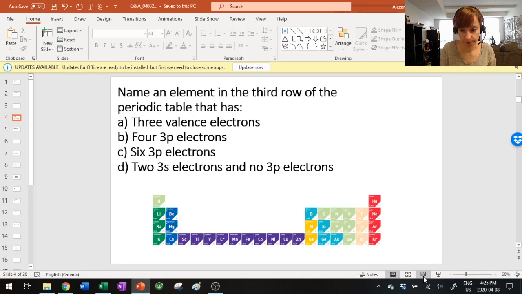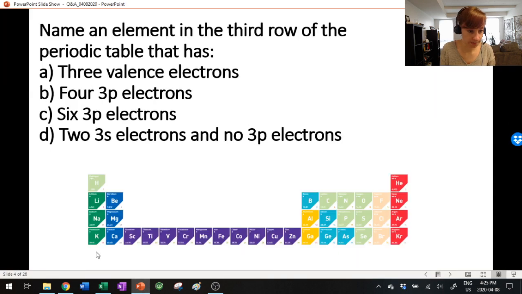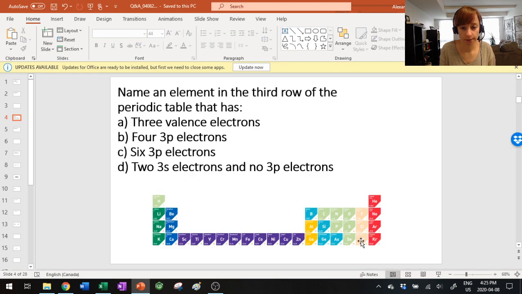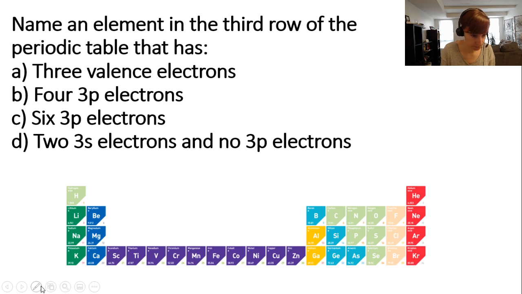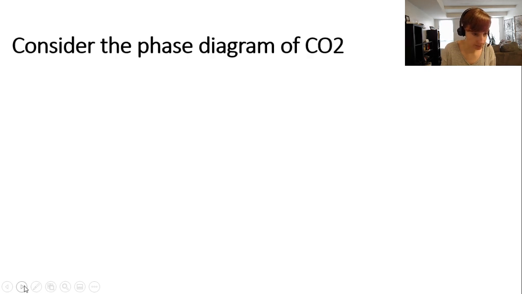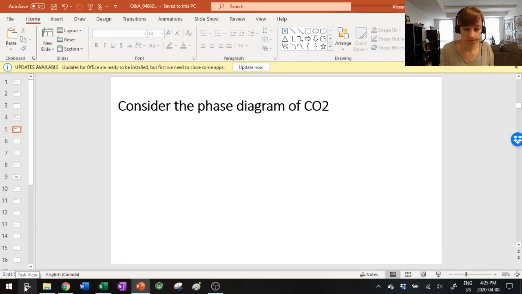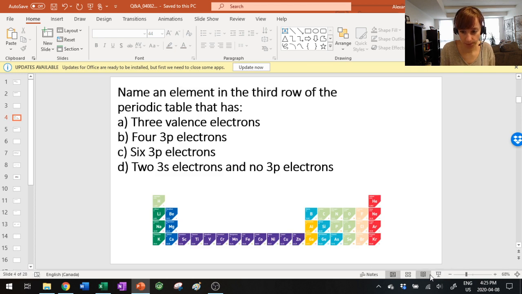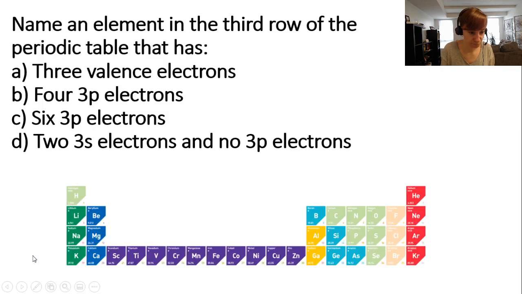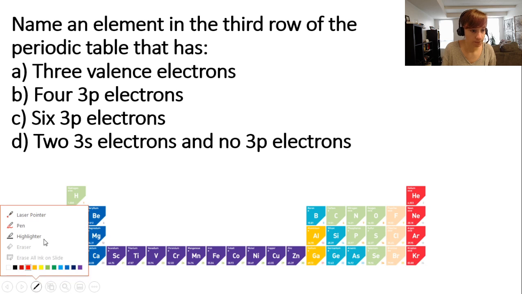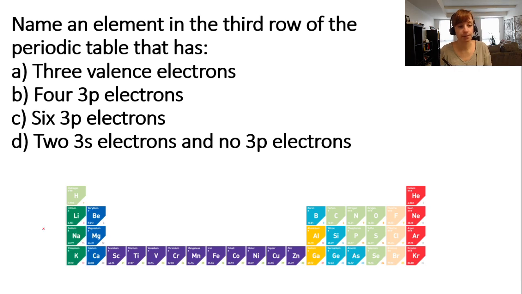Okay, so flipping over, I have cropped a picture of the periodic table, so it is only showing the first 3 rows, because we only really need to pay attention to the third row.